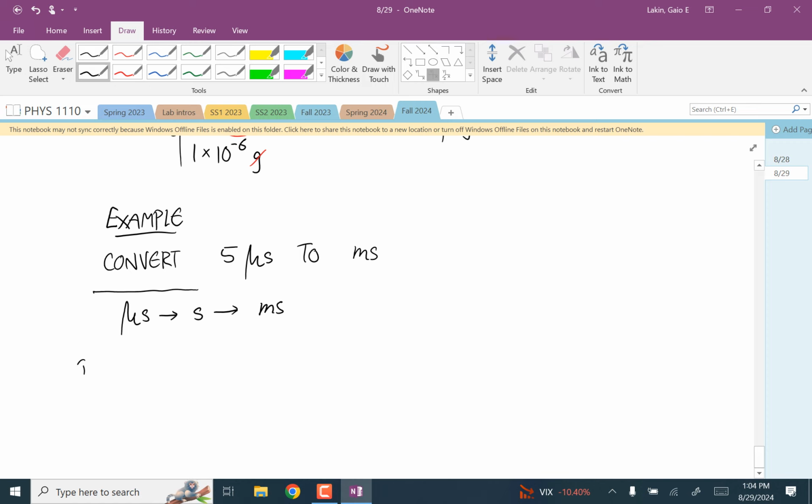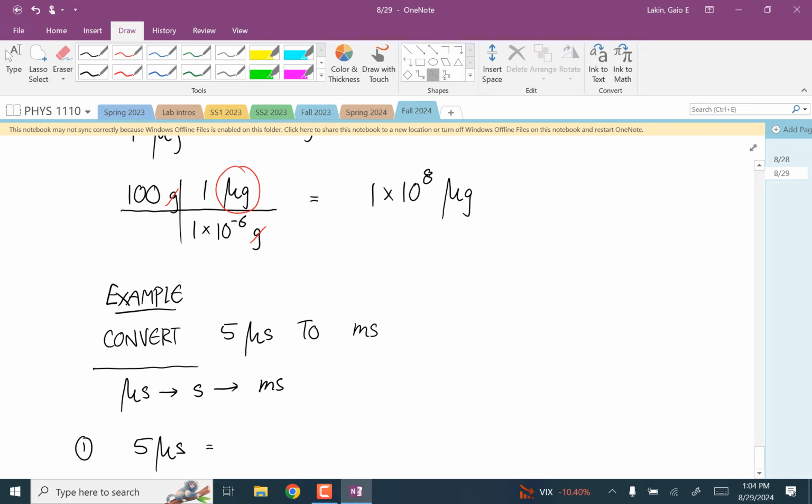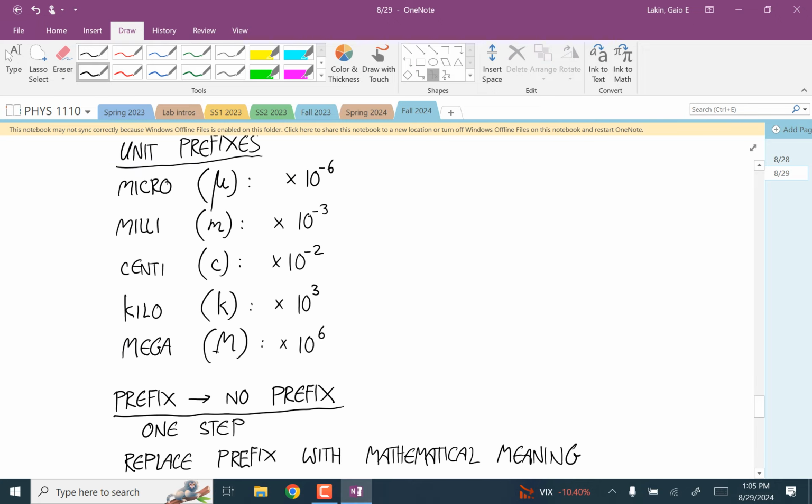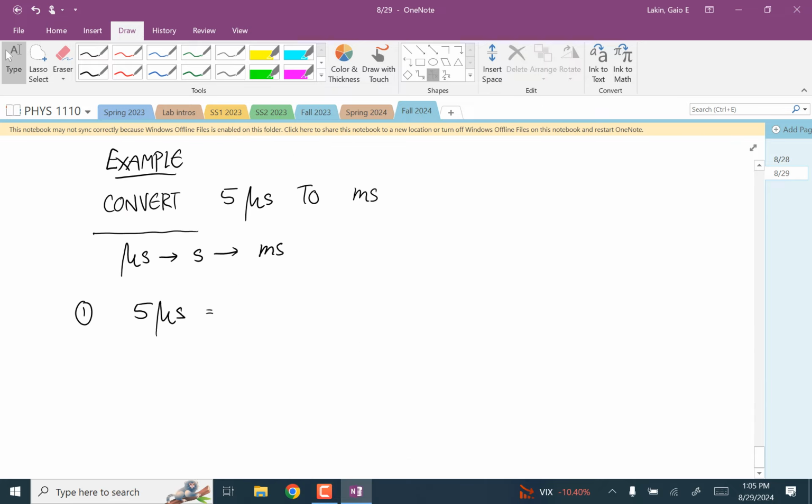The first step is easy. So we have 5 microseconds. And I'm just going to replace the micro with times 10 to the minus 6 because that's its mathematical definition in this list. So this is 5 times 10 to the minus 6 seconds.